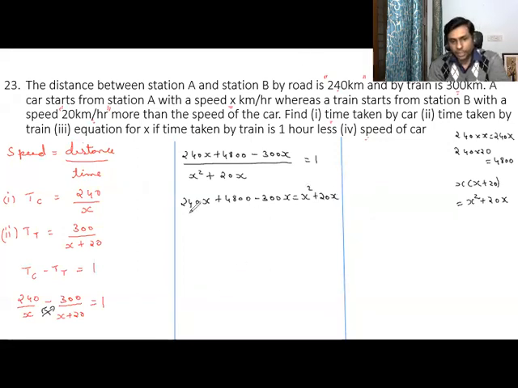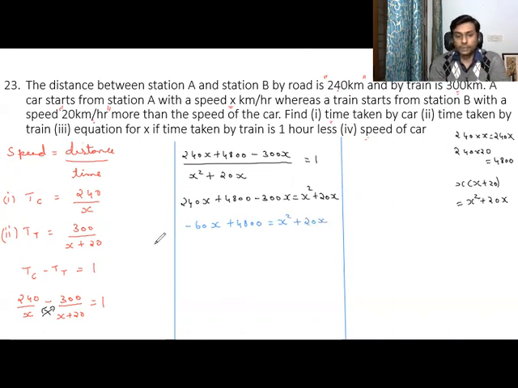Now here I can simplify. 240 minus 300, that is minus 60. So minus 60x plus 4,800 is x square plus 20x.